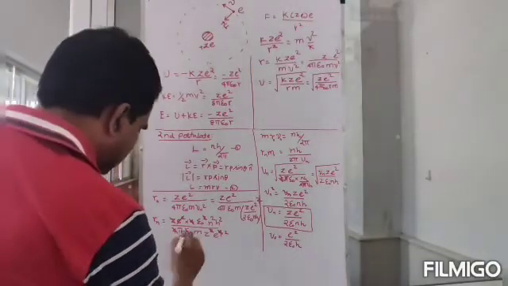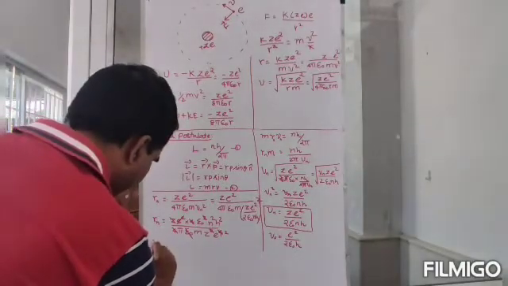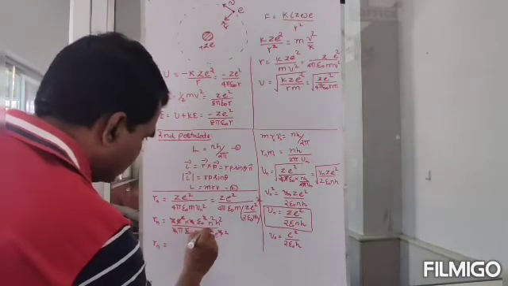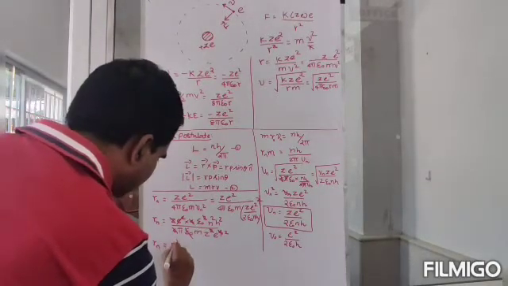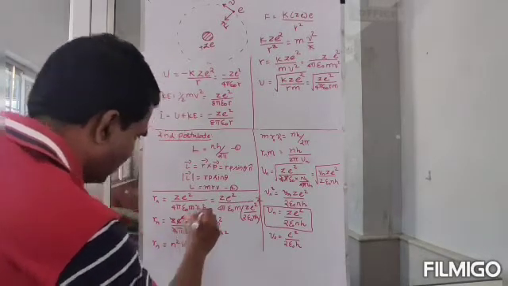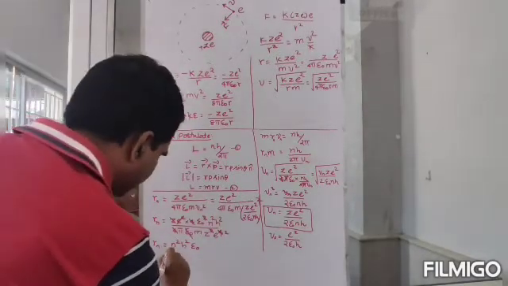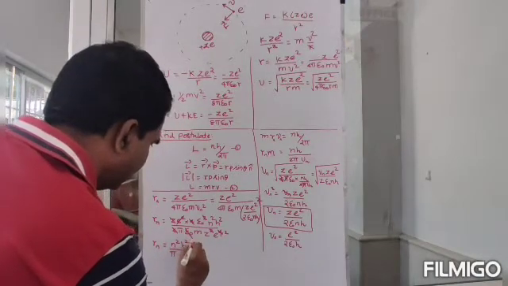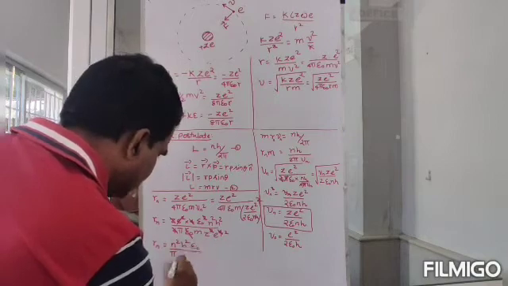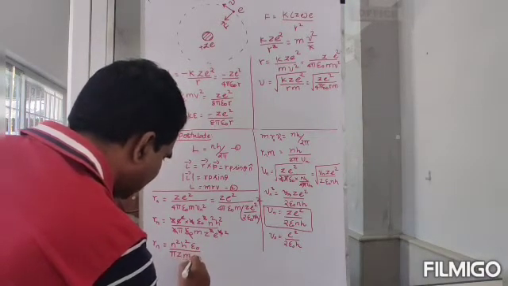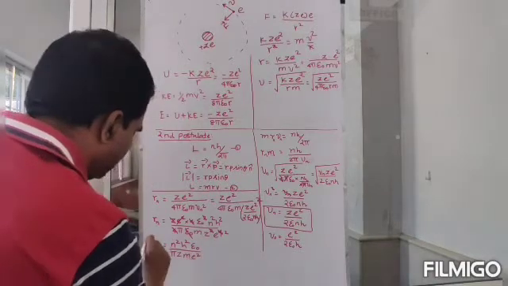So that results in Rn equal to n^2 h^2 epsilon naught divided by pi Z m e^2.